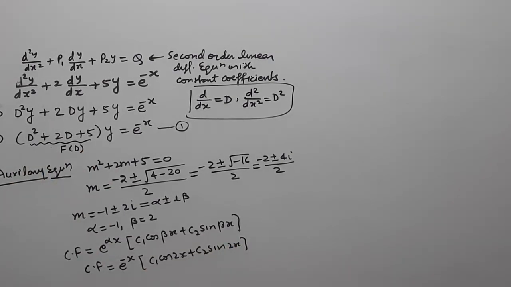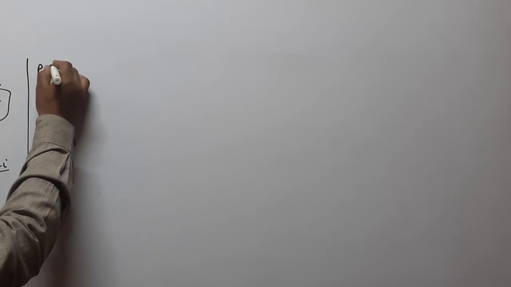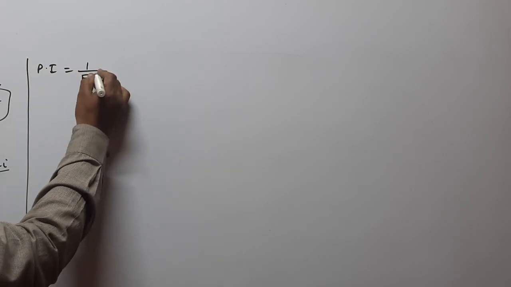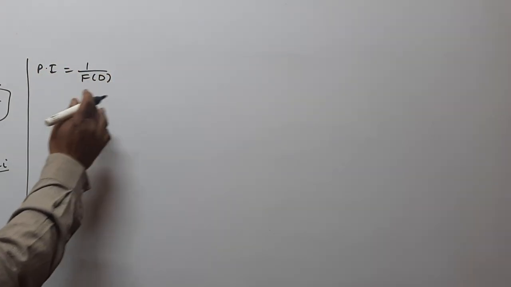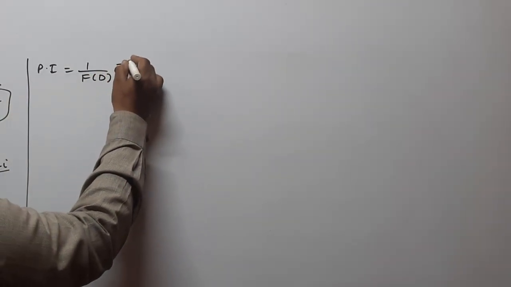Now we find the particular integral. You know that particular integral can be written as 1 upon F(D) times e to the power ax. Here e to the power ax is e to the power -x.